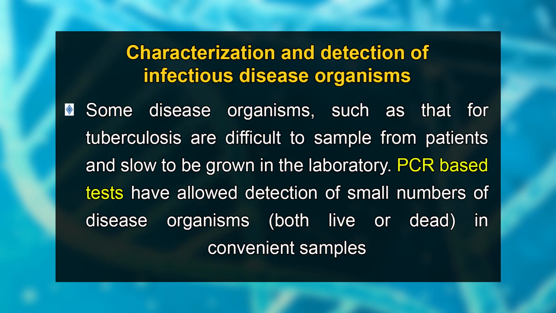Some disease organisms, such as that for tuberculosis, are difficult to sample from patients and slow to be grown in the laboratory. So PCR-based tests have allowed detection of small numbers of disease organisms, both live or dead, in convenient samples.